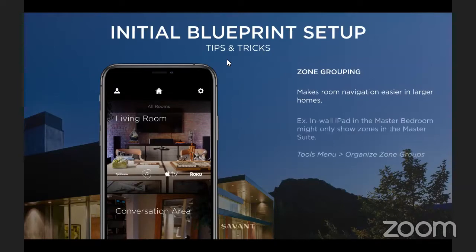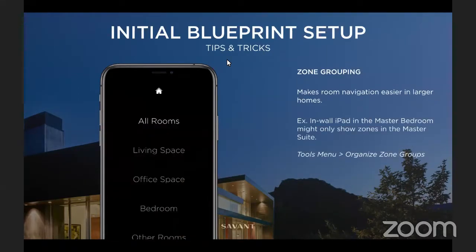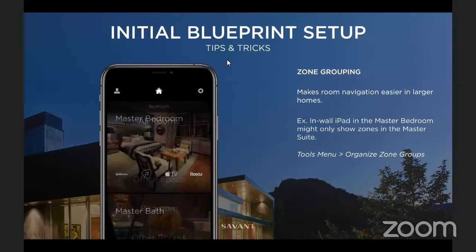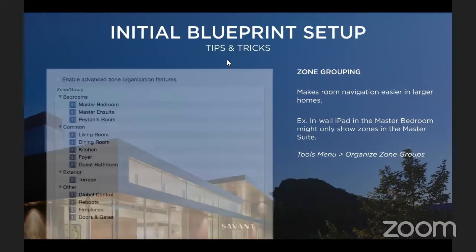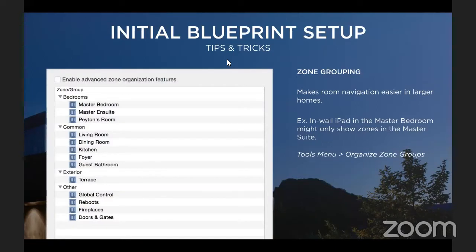And when you click on that, it's going to open up into those groupings that you created. And now when they click on bedrooms, it's just going to list the bedroom zones. This is done in the zone organizing zone groups screen. And again, I'll show this to you when we do the live demo.